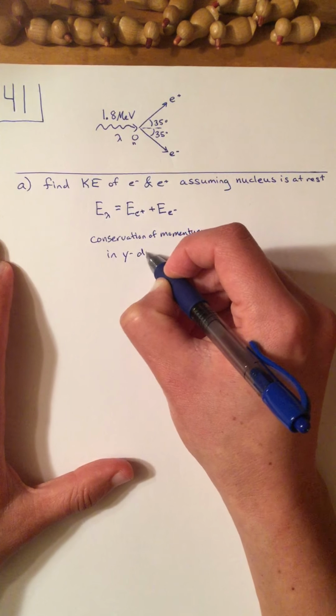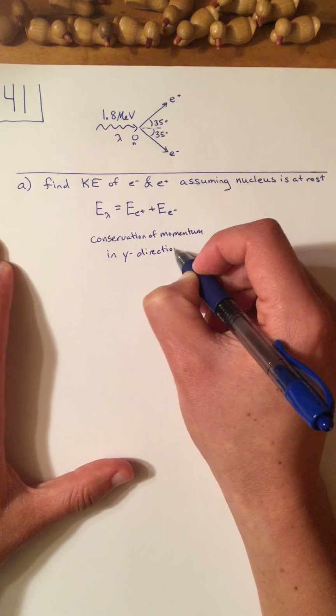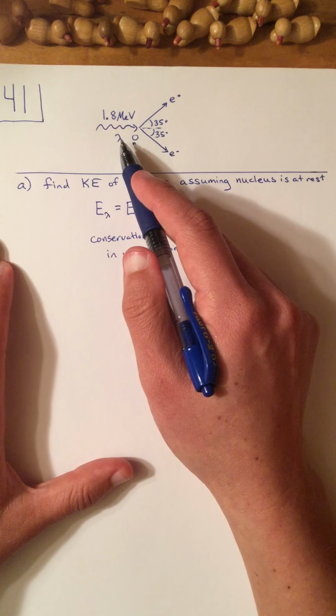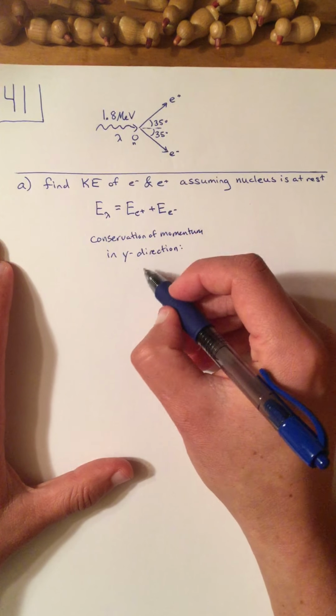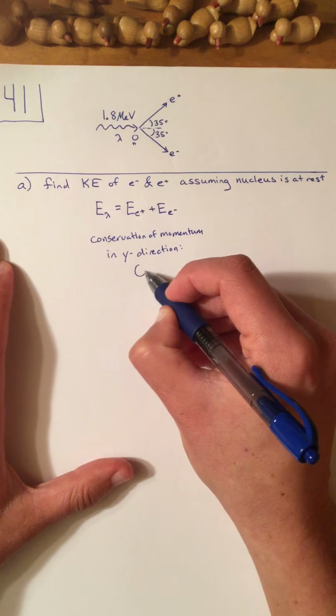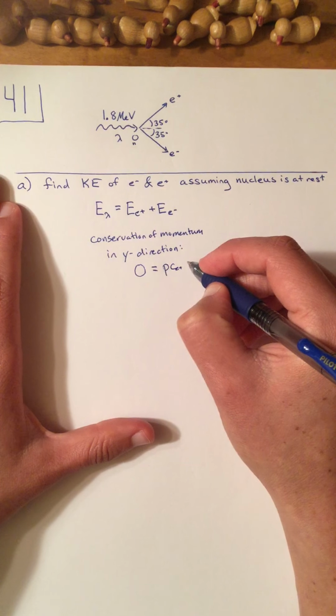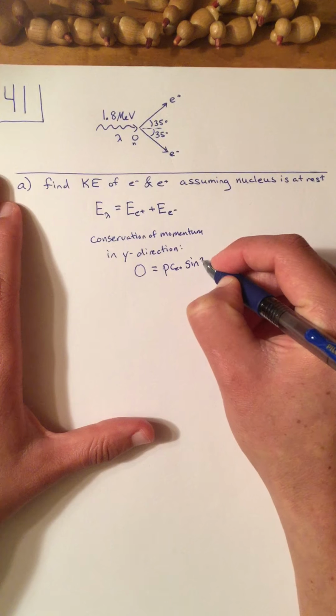in the y direction, the photon's momentum was in the x direction to begin with. So in the y direction, we had 0 initially, and afterwards we have the positron, and the y component would be sine of 35 degrees.